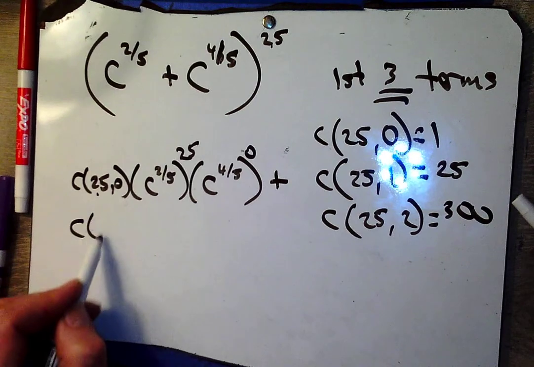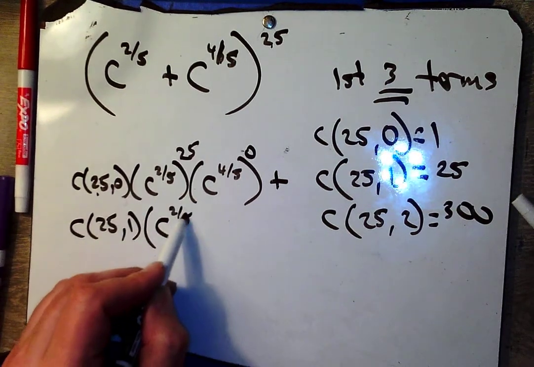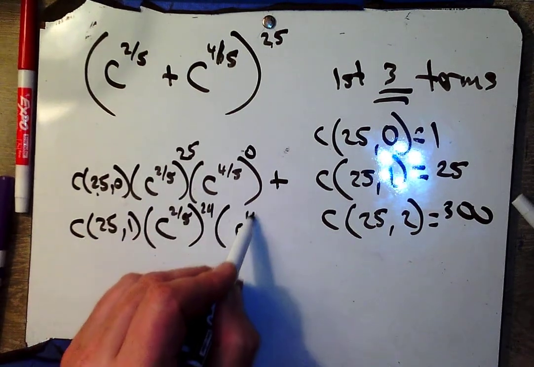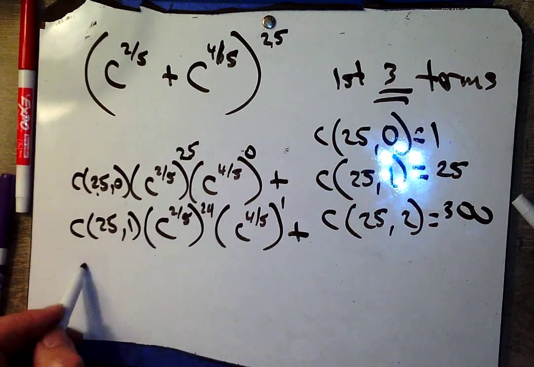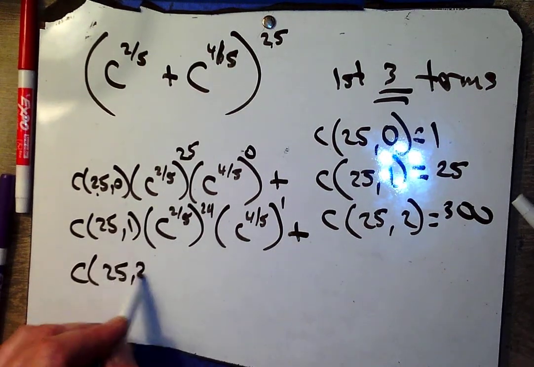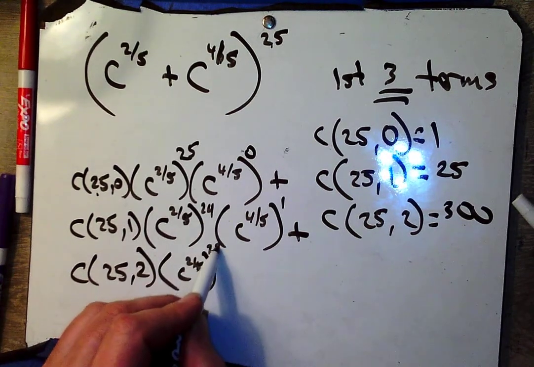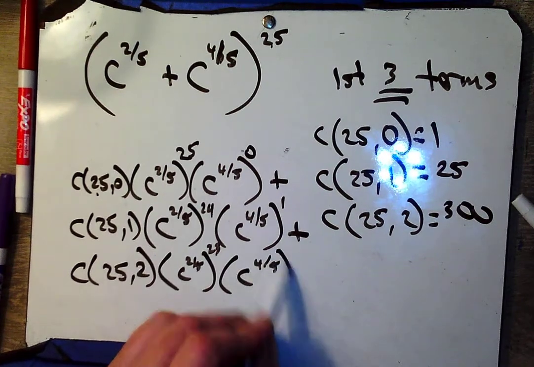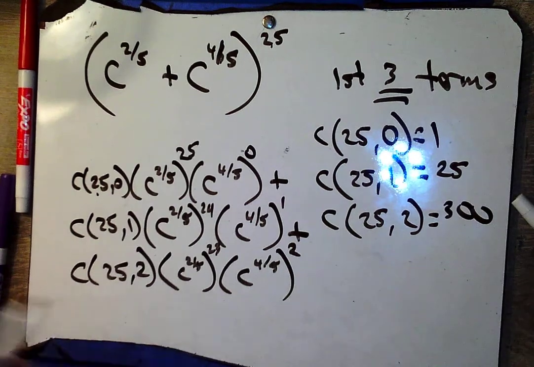Plus combination, 25 choose 1, C to the 2/5 goes down 1, C to the 4/5 goes up 1, plus combination of 25 choose 2, C to the 2/5 to the 23rd, because this is going down 1, C to the 4/5 squared. So that's what they are bulked out.